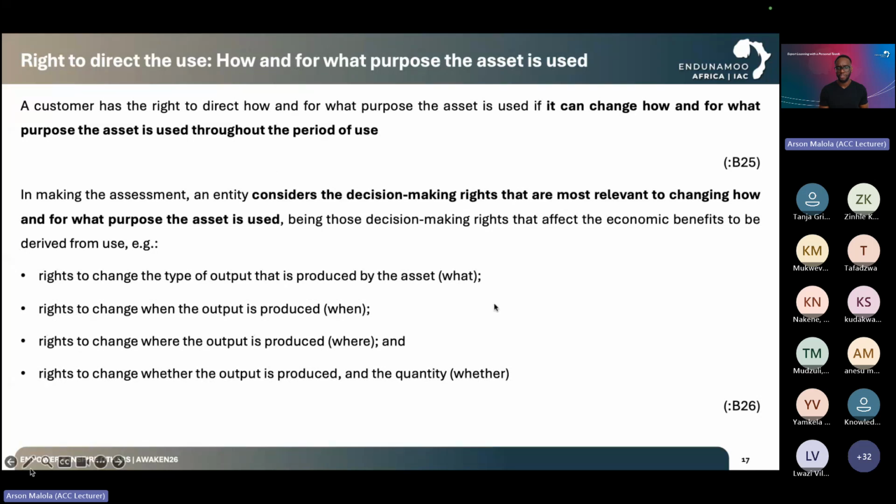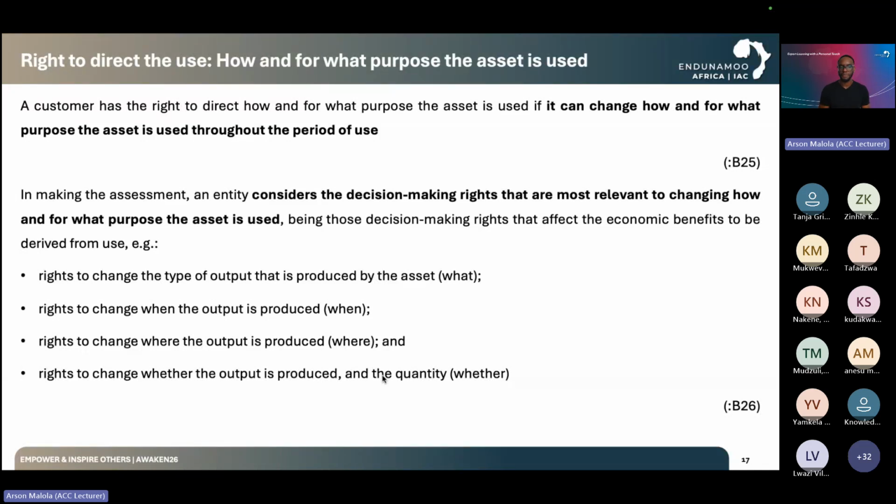So don't stress about trying to apply all of them, but ultimately, as many as seem relevant. And then if it is the customer that directs all of these types of decisions, then you can conclude it's the customer that directs the use. If it's a supplier, you can conclude it's a supplier.